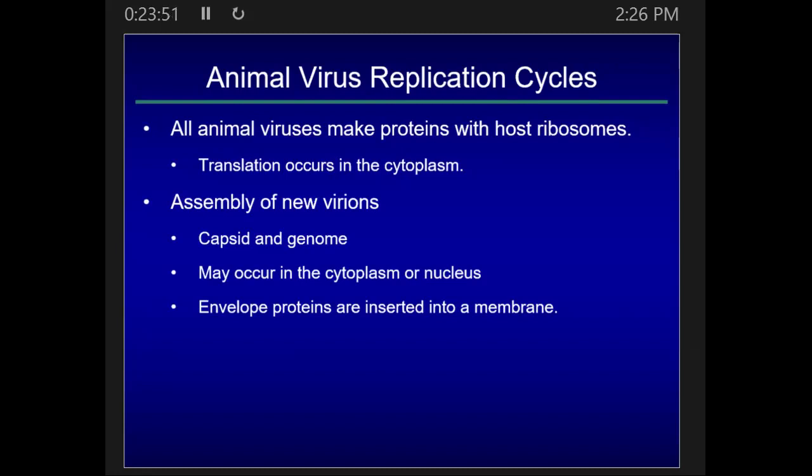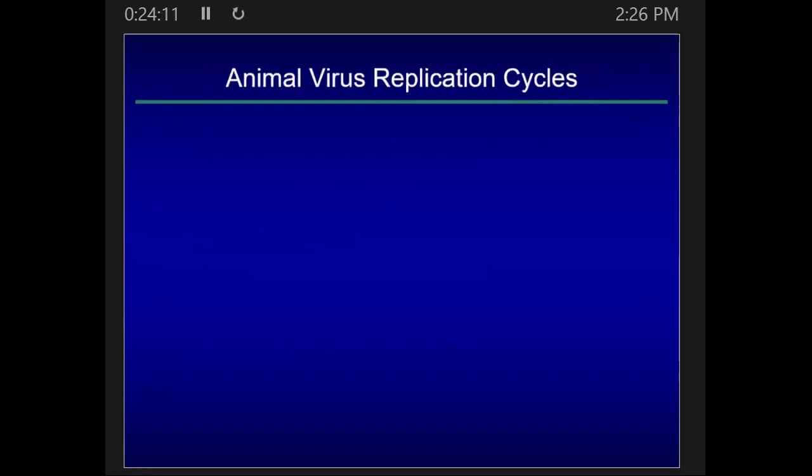And again, logistical issues, getting everything in the same place in the cell, and then getting everything to assemble. And then if they are enveloped, they have that membrane around them. It can be the cell membrane, but it can be one of the internal organelle membranes instead. So it doesn't have to be the cell membrane.